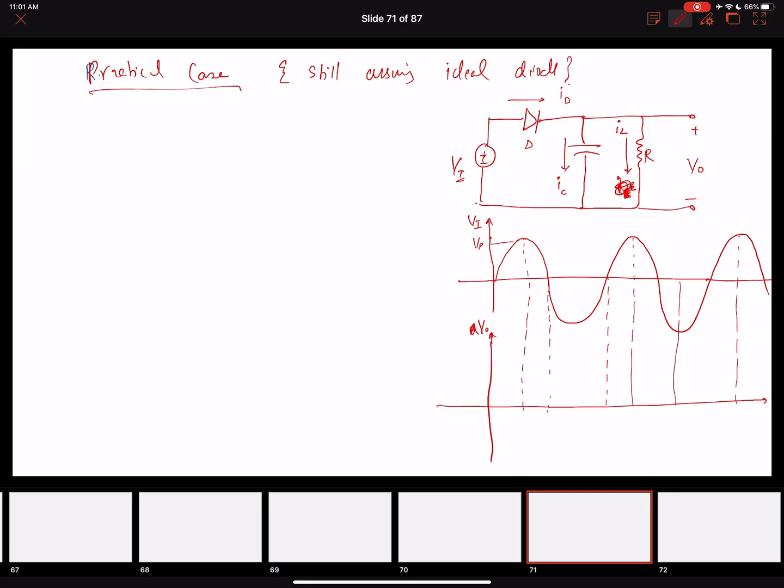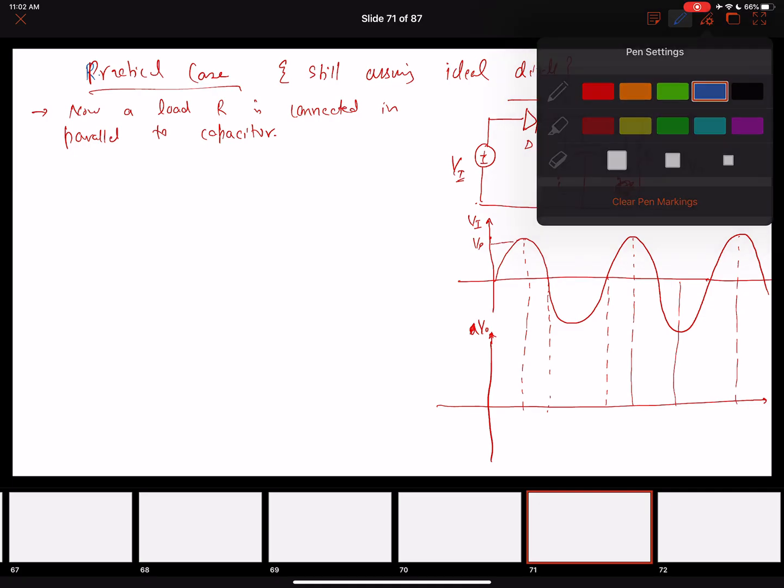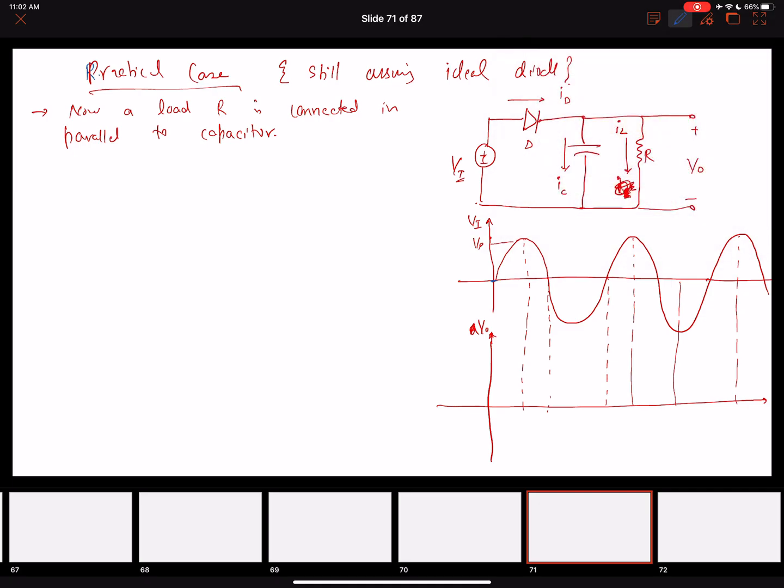All right, so what we have now is a load resistor connected in parallel to the capacitor. Our basic reasoning is going to remain the same. Right at the start of the waveform, we are assuming an ideal diode. It will become a short circuit, and we're going to start to charge the capacitor.